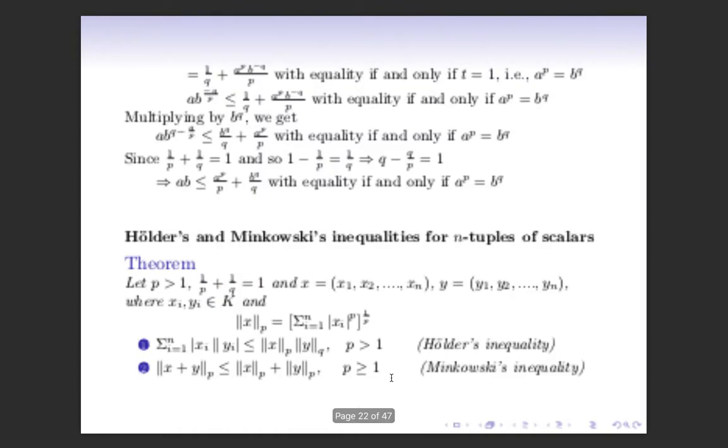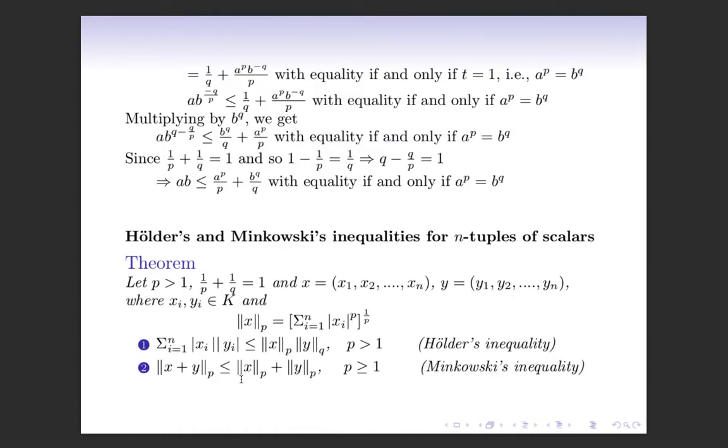Now here we note that if all xi's are 0, meaning x1, x2, up to xn are 0, then norm p of x is also 0. And if all xi's are 0, then mod of xi's are 0.